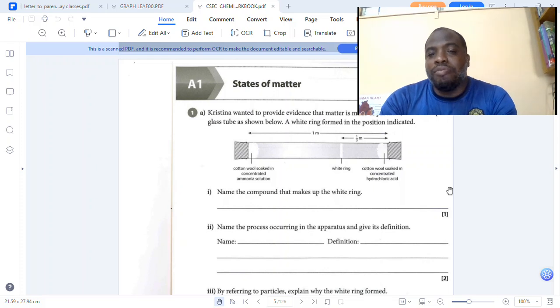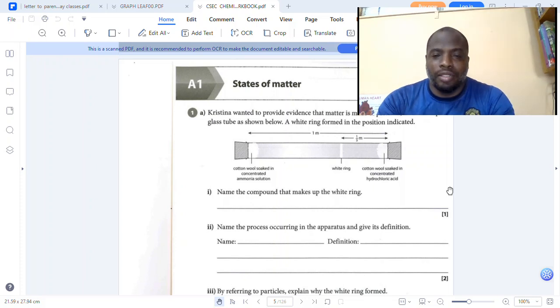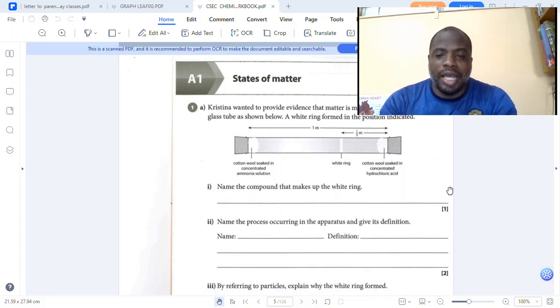So in terms of the mass of these 2 gases traveling, ammonia is basically half the mass of hydrochloric acid, which will cause it to travel much faster. And so it will cover a far distance than the hydrochloric acid, and so the white ring will form closer to the hydrochloric acid.